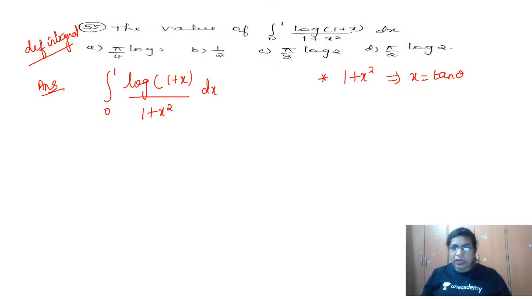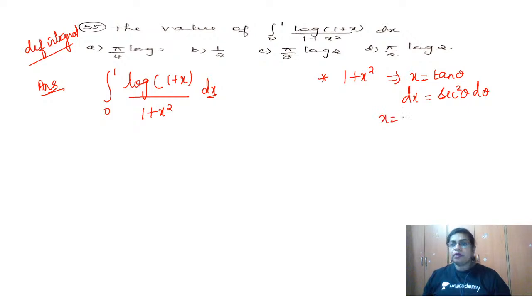So I found here 1 plus x square, so first preference goes to tan theta. What will happen when I substitute? If I take a substitution, I have to change the limits because it is a definite integral question. The limits 0 and 1 are the limits of x, but if I'm changing the question to theta, I should get the theta limits too. Differentiate: dx is equal to secant square theta d theta.